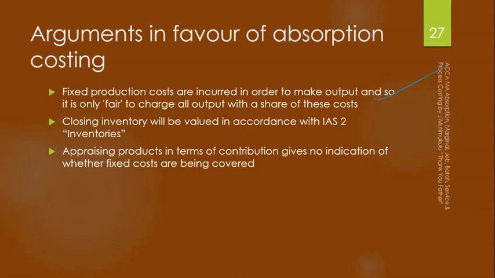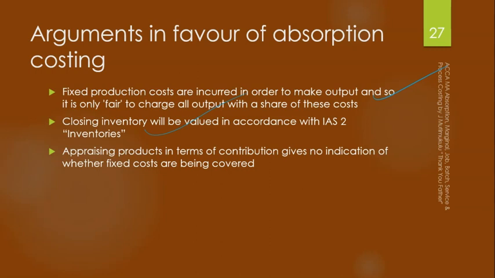Closing inventory will be valued in accordance with International Accounting Standard number 2, Inventories. So by doing absorption costing, we are not likely to be penalized by listing or securities exchange rules, or violating international accounting standards or the IFRS. We are not going to be found on the wrong side of the reporting frameworks.